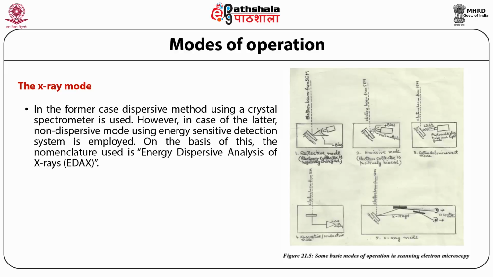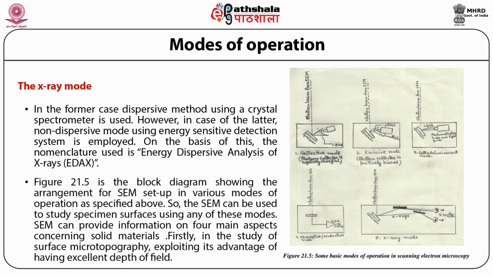On the basis of this, the nomenclature used is energy dispersive analysis of X-rays, popularly abbreviated as EDAX. Figure 21.5 shows schematically some basic modes of operation in scanning electron microscopy. Figure 21.5 is the block diagram showing the arrangement for the SEM setup in various modes of operation as discussed.